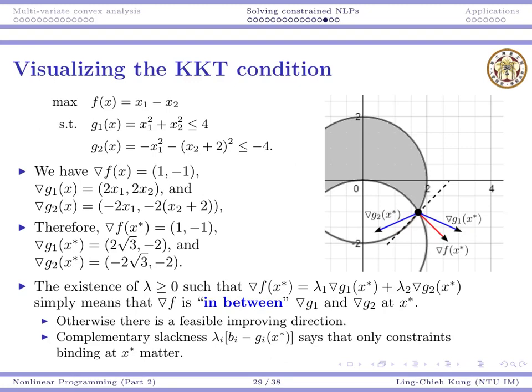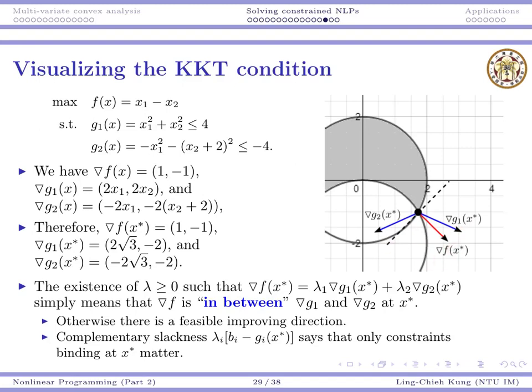Here it's simple. We have gradient g1 and gradient g2. Together these two open a region, and within this region I need to have gradient f.